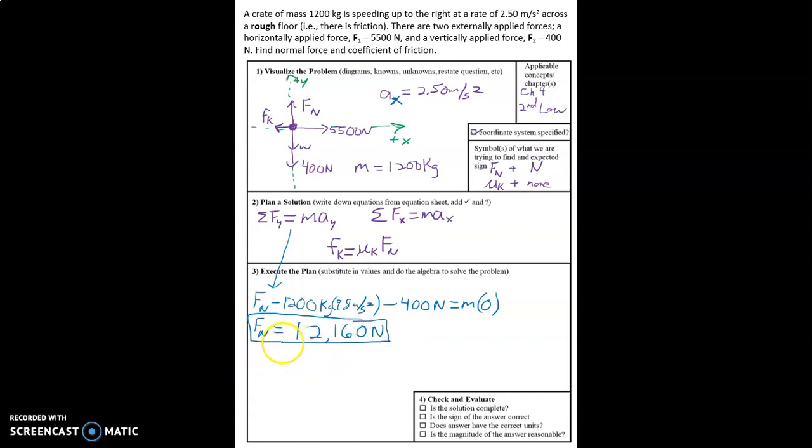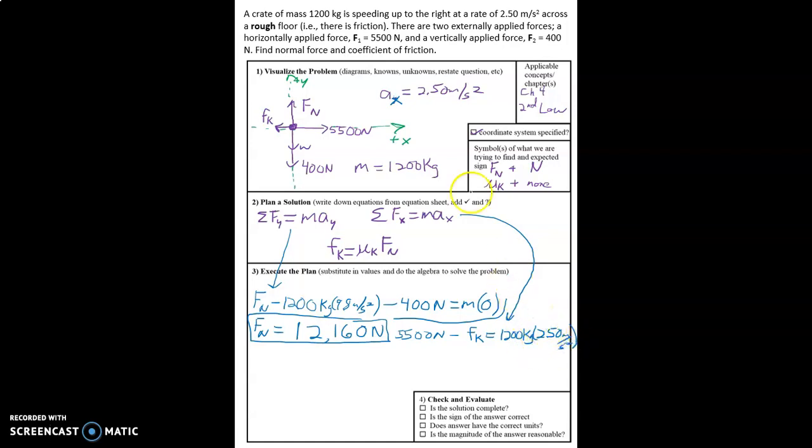Next up, I'm going to take the second law equation in the x direction. So in the x direction I have 5,500 newtons minus F_k equals 1200 kilograms times positive 2.50 meters per second squared.